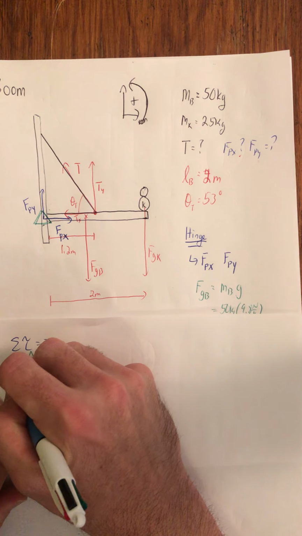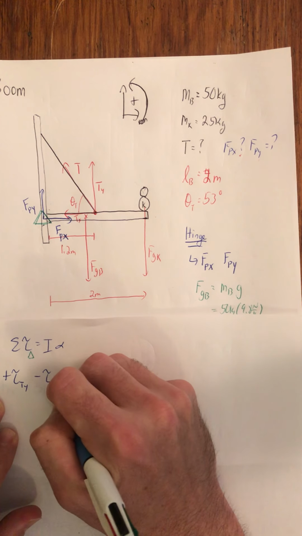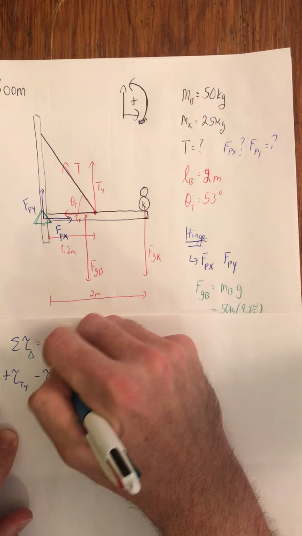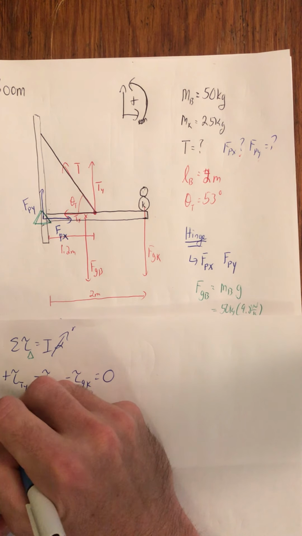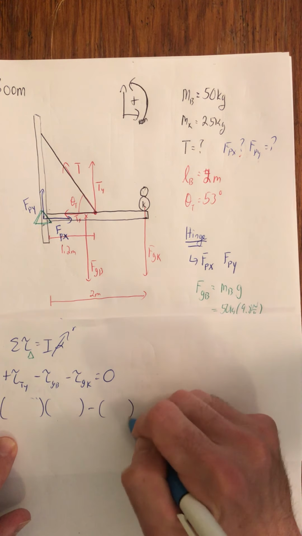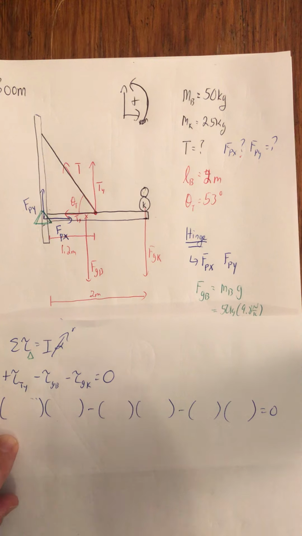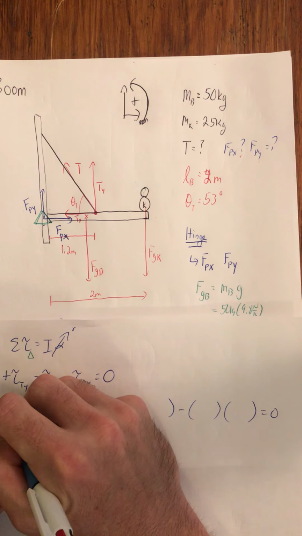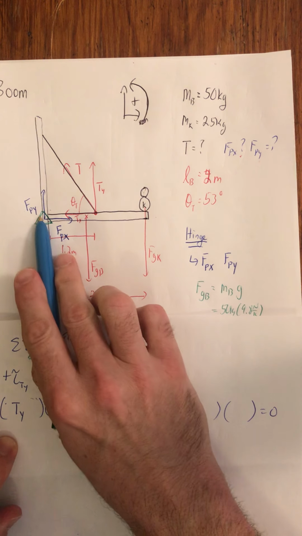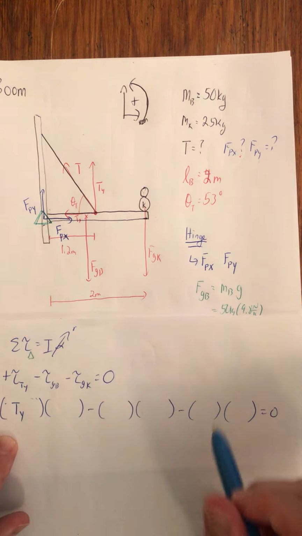So I've got a positive torque due to Ty minus torque due to Gb minus a torque due to Gk, and that's going to equal 0 because I know that's zeroing out. So here we go. Parentheses, probably bigger than I need it, but there we go. Ty times its lever arm distance, and that's just going to be this horizontal distance because of vertical forces, horizontal lever arm.